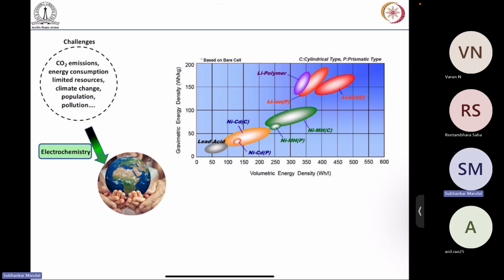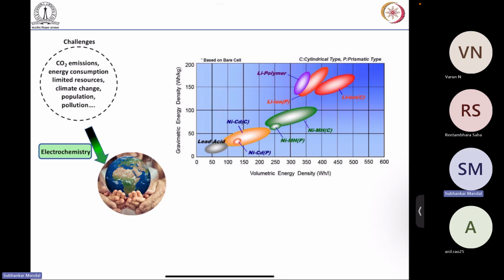Among battery technologies, one of the promising candidates is where you can store renewable energy. Solar and wind are controlled by nature, so that energy you can store in the battery, and you can use it at your necessity.